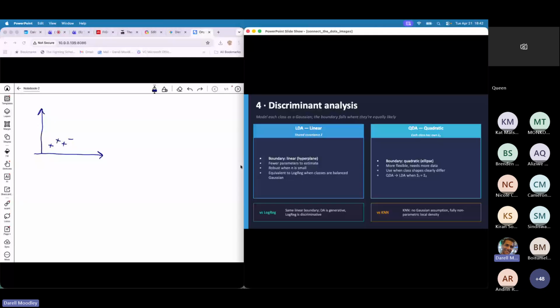And then I'll let the other class be represented by circles, like this. Whatever these variables are, we'll call this one x1 and x2.